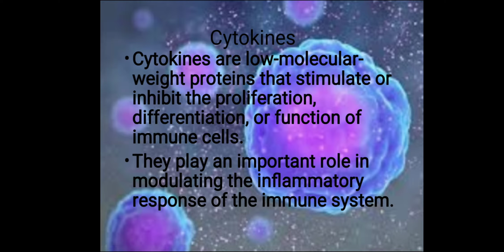Cytokines. Cytokines are low molecular weight proteins that stimulate or inhibit the number 1 proliferation, number 2 differentiation, number 3 function. Proliferation, differentiation, and function of what? Immune cells. So they either stimulate pro-inflammatory or inhibit anti-inflammatory cytokines.